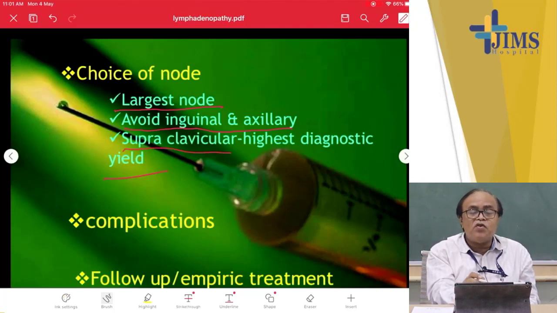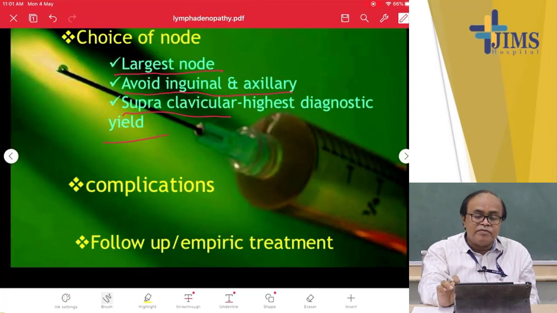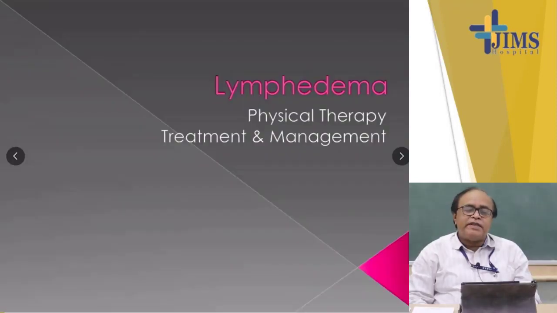So, the largest node, and if available, supraclavicular glands are to be selected for this examination. After doing this biopsy, there may be complications like infection, hemorrhage, etc. So, we have to manage accordingly. So, we have discussed lymphadenopathy in short.